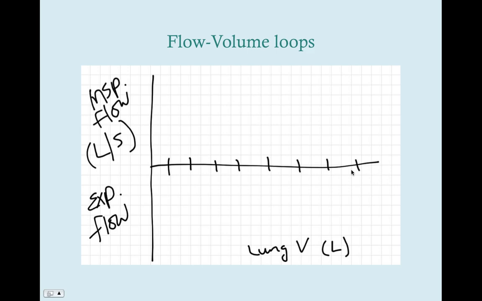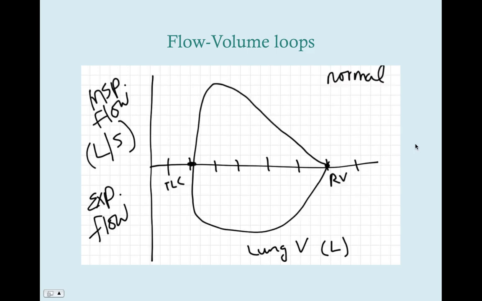Okay, so let's look at normal. Here we start out with our residual volume in our lungs. We're totally exhaled, and now we're breathing in. Of course, the flow is going to increase, the rate increases, and then we come down to our total lung capacity.